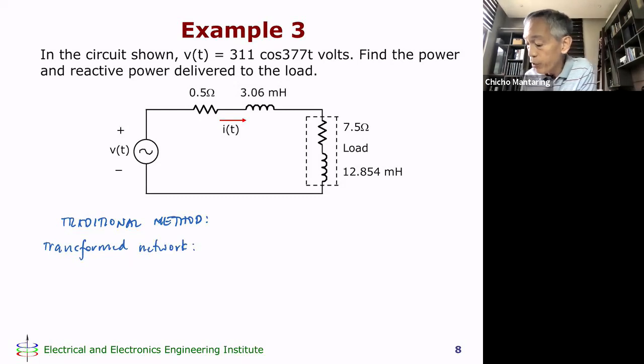What will my transformed network look like? I'm going to have 311 cosine 377t equivalent to 220 at an angle of 0 degrees. This is in volts.